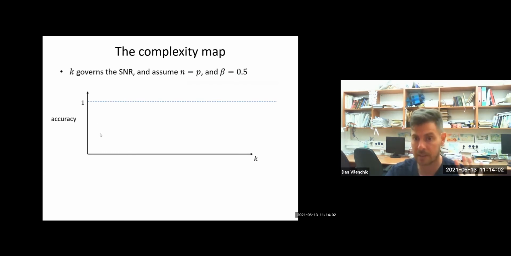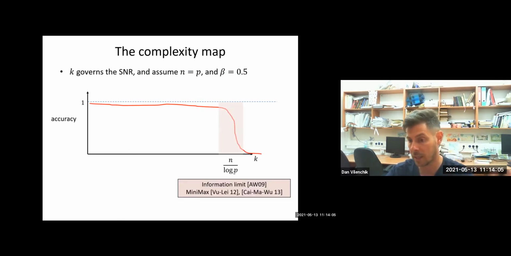And now let's see what's known. One result, Amini and Wainwright, 2009, says that there's an information limit occurring at, everything here is theta of, I'm neglecting constants, n over log p. So if n equals p, K is at the maximum p, the number of features. So very close to the maximum number of relevant features that you can imagine.